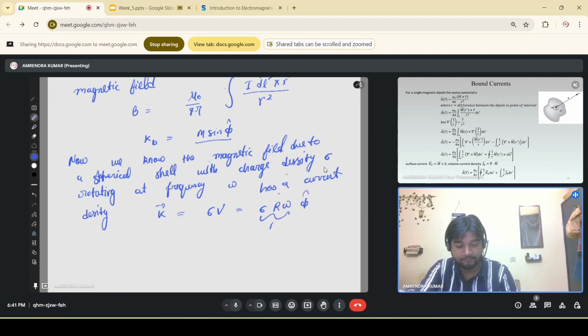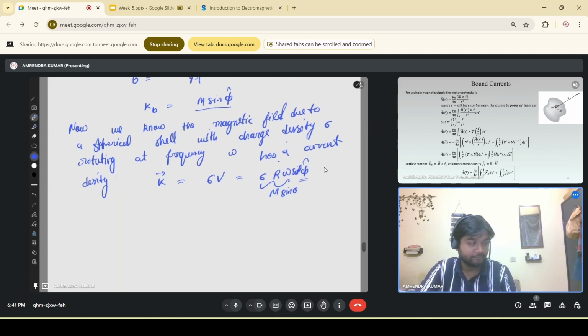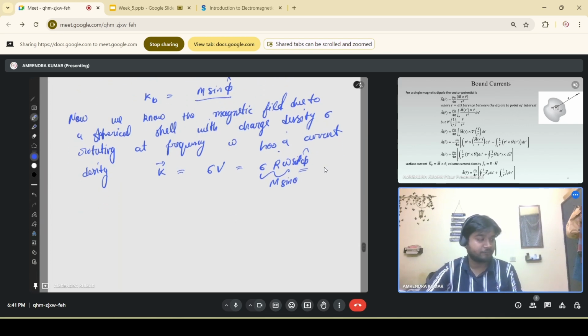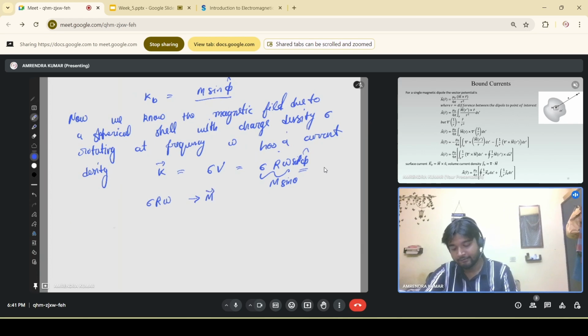So you see this is also constant, like you can compare it with M, and the phi cap direction is the same, so it can be compared. Sine theta also can be compared with sine theta. For this, we just have to replace M with sigma r omega. Then we know for this spherical shell rotating at frequency omega, the magnetic field is of this kind, 2 by 3 mu 0 sigma r omega.